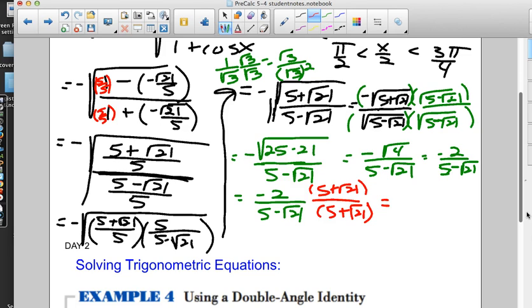And that would give us a negative 10 minus 2 square roots of 21 on the bottom. First times first is 25. We have a negative and a positive. Outside times outside, inside times inside. Cancel out. And down there, we're going to get a 4.